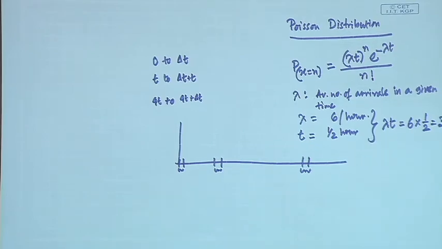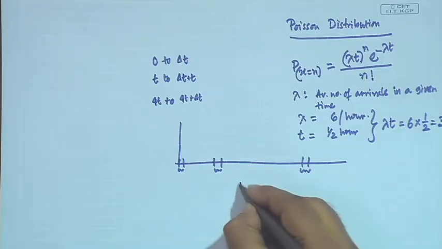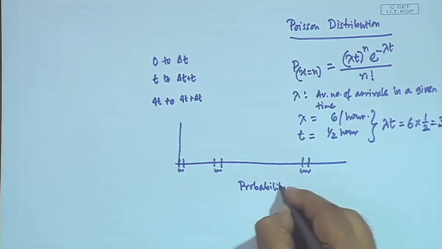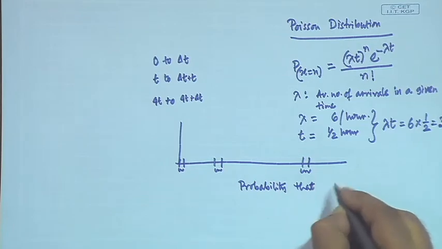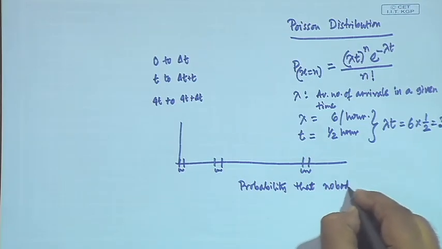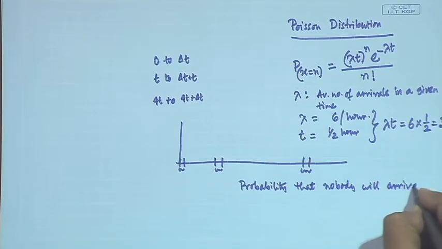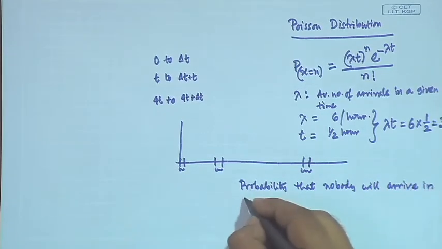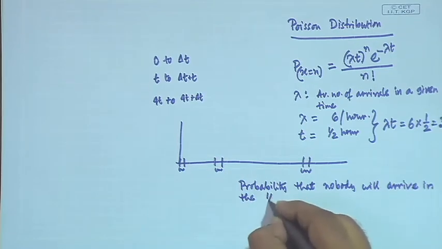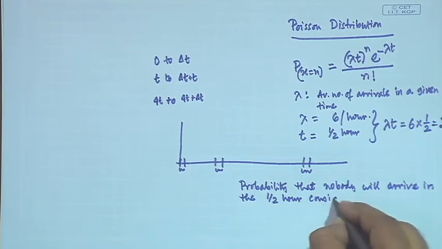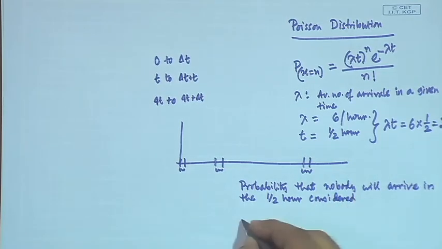So, what is the probability that nobody will arrive during this half an hour time considered?